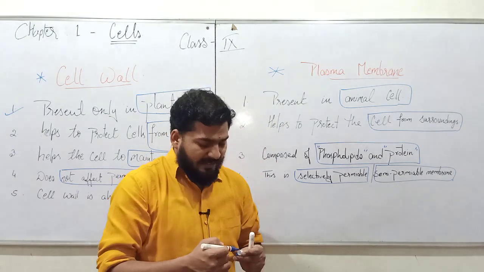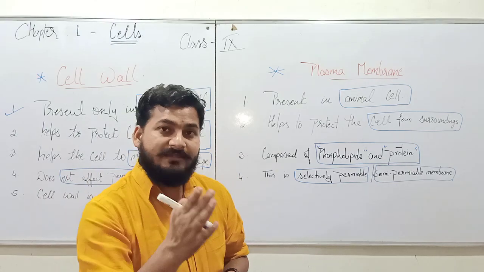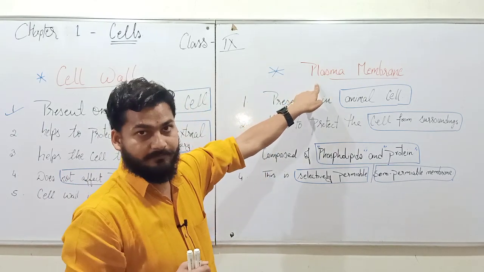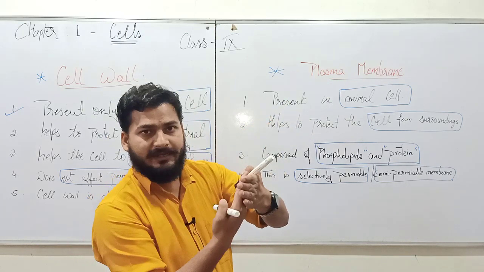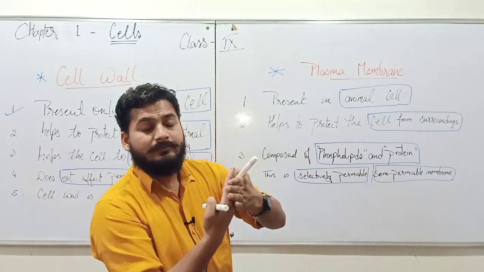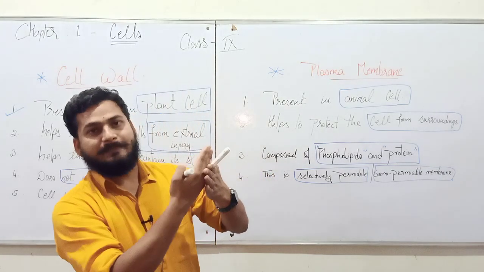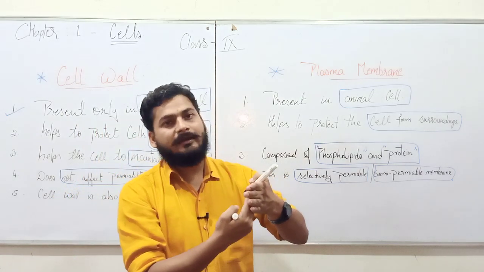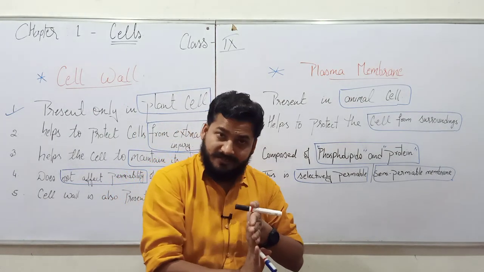That is, it will allow a few molecules to pass through it when there is presence of a membrane, and that membrane will be plasma membrane. If something is crossing through this membrane, it will be called semi-permeable membrane. But it's not like everything can pass through it. Only some useful material are able to pass through it depending upon the concentration gradient.